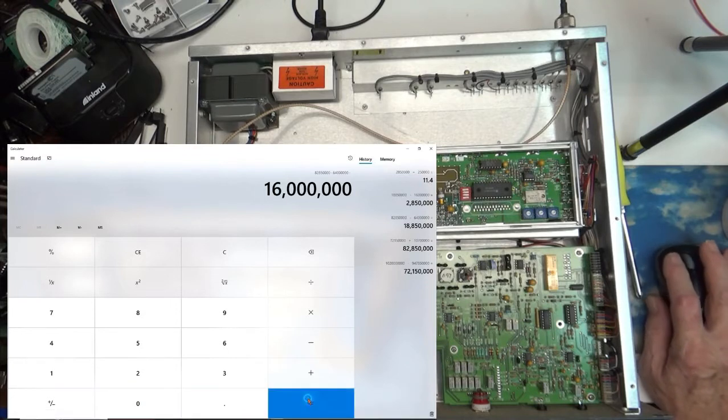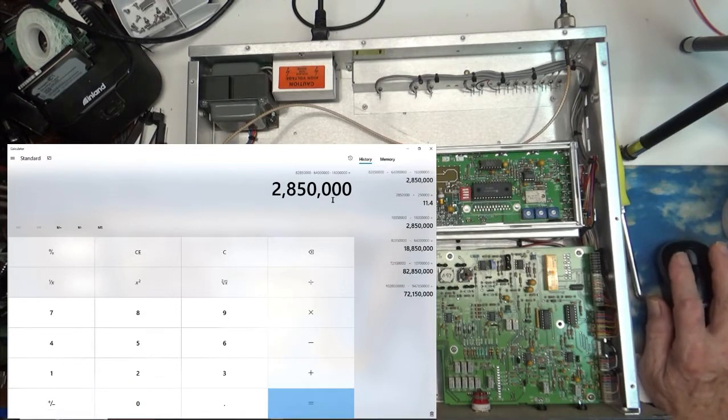That leaves us our 2,850,000. Since we know that it's 11, so we subtract from that.